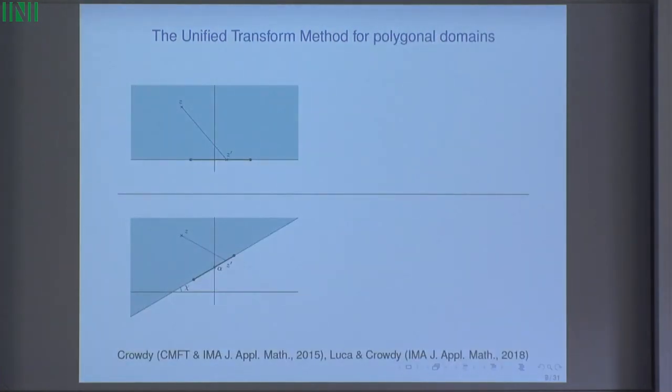Okay, so now I'm going to show you the unified transform method for polygonal domains. We consider the upper half plane, and we consider this slit of finite length, and then this point z dash along the slit.